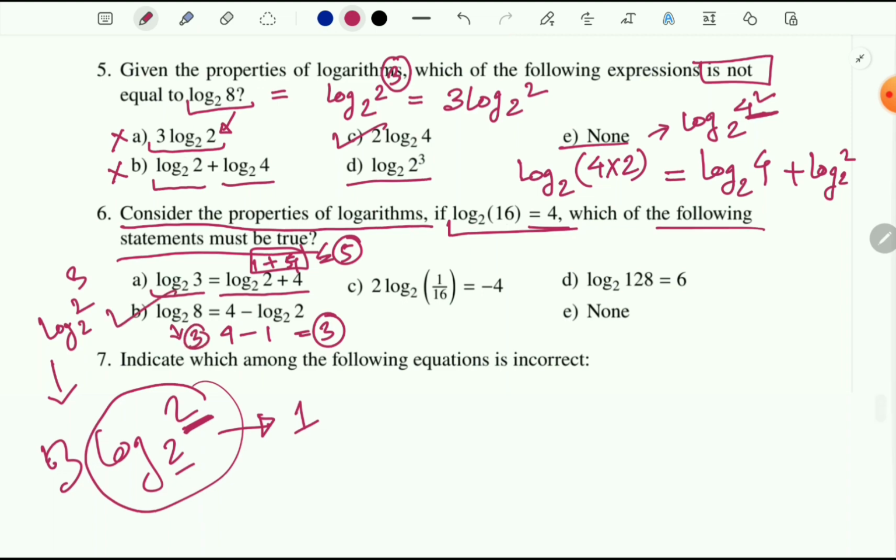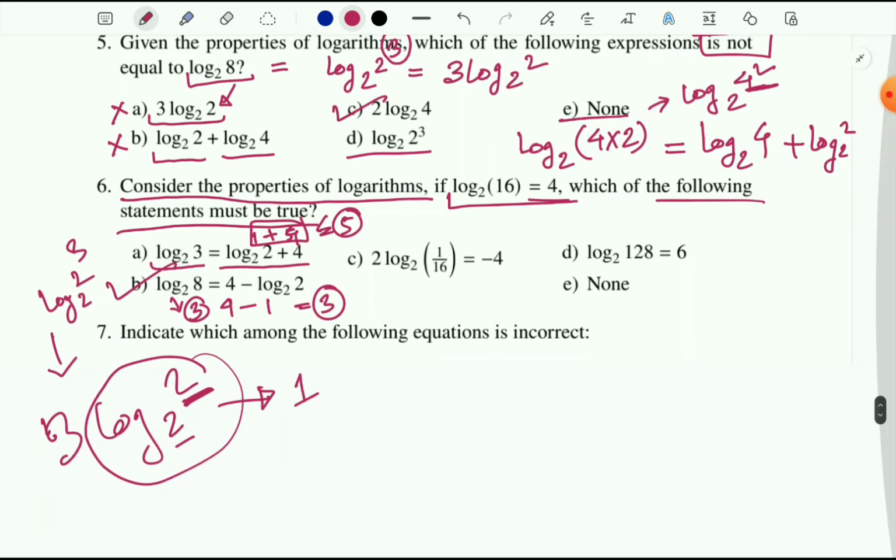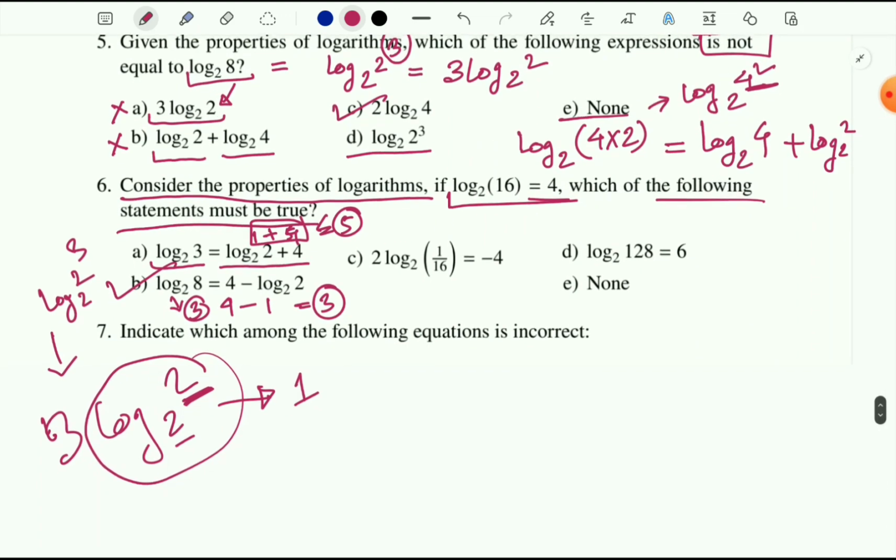For these options, let's check whether the left hand side and right hand side are correct. 2 log 2 of 1 by 16. So let's find out the value of this part, then we'll consider the others.